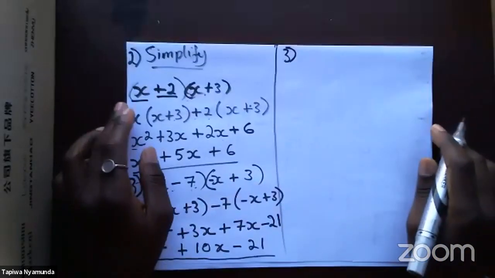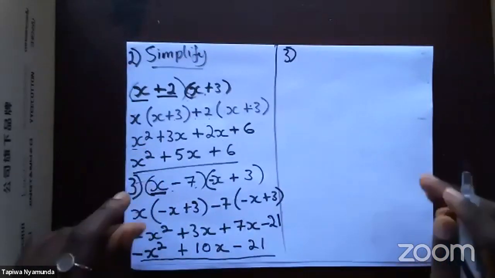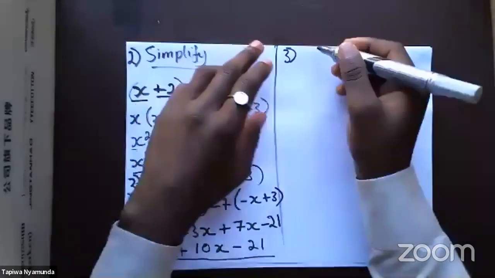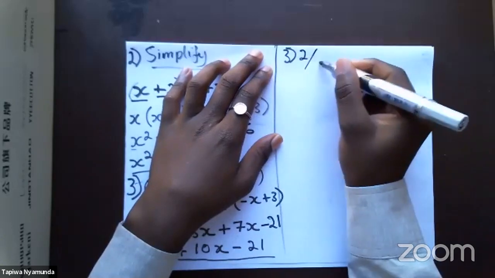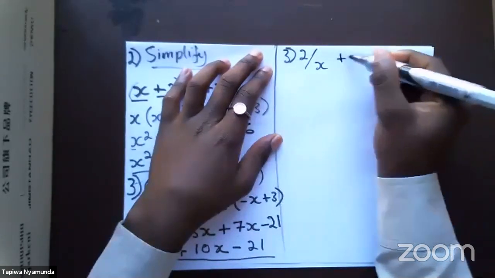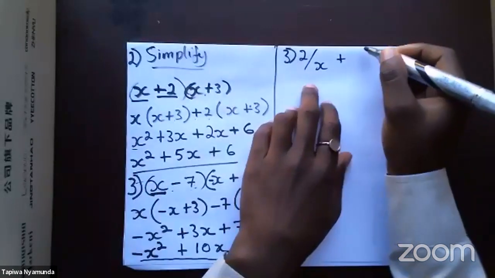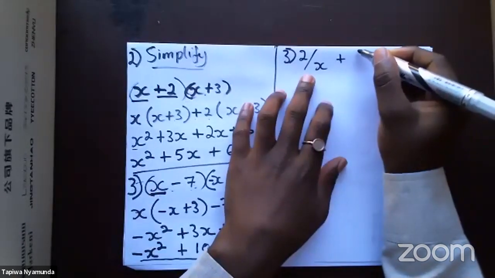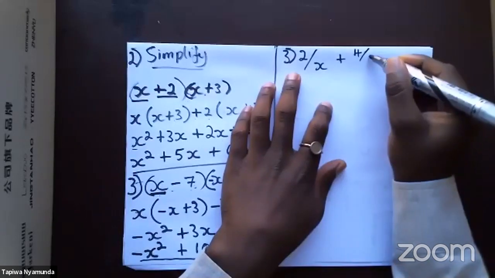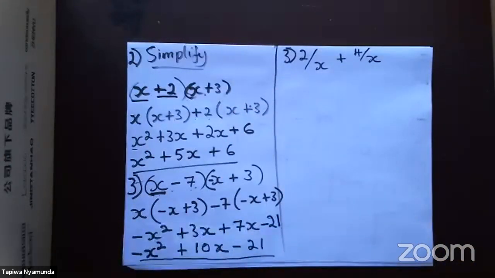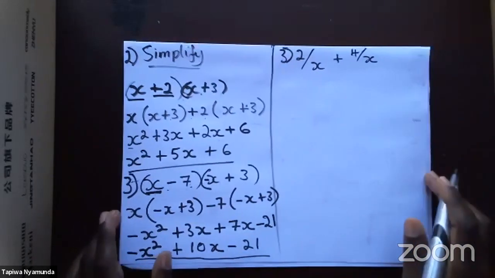Okay, let's say you are given a situation like this. I say 2x plus 4, let's start with a simple one, plus 4x, like this. This one is a simple one.